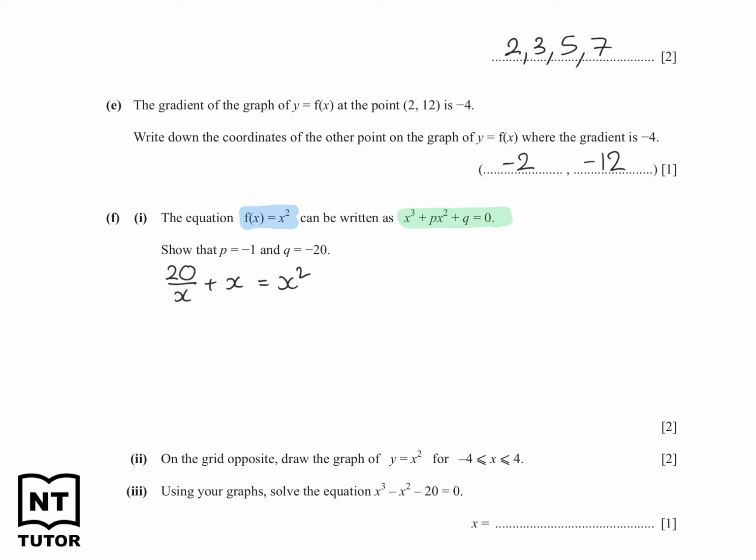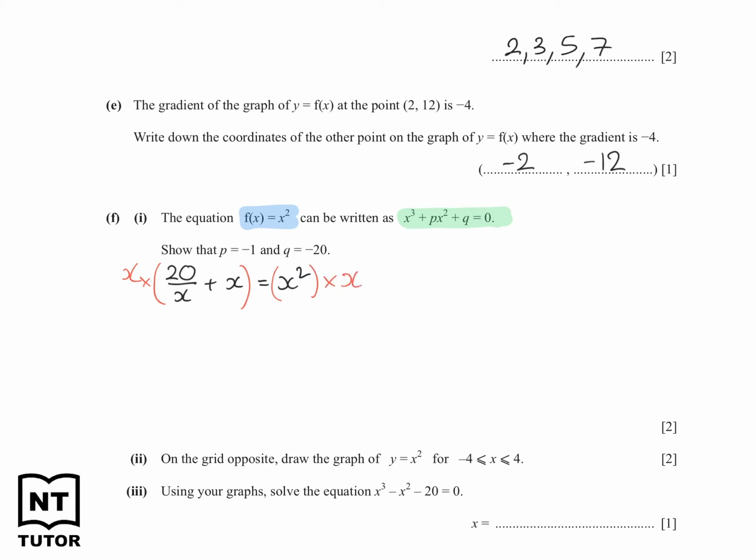If you look at the expression that we want, none of them is a fraction, or none of them have denominators. So the first step, let's get rid of the denominator. We can get rid of the denominator by multiplying both sides by the denominator. So we can multiply by x on both sides.